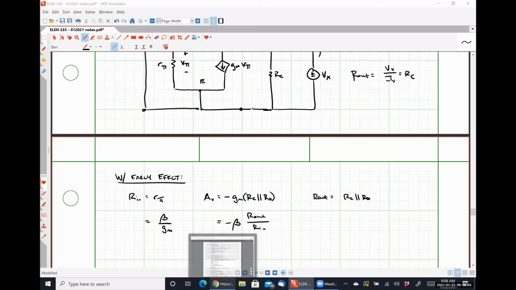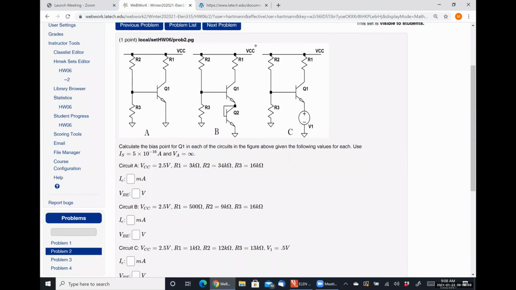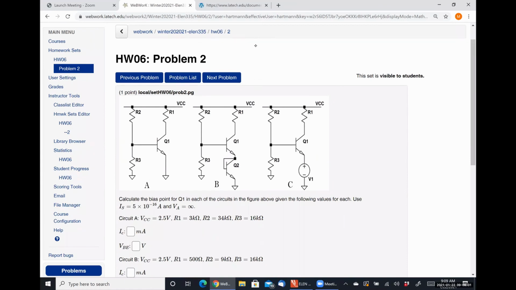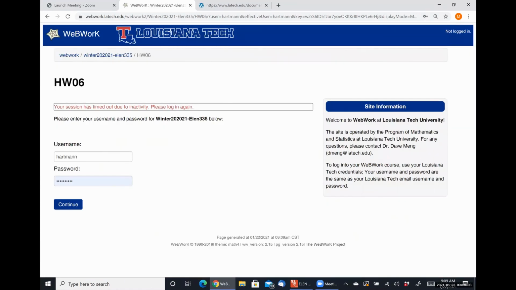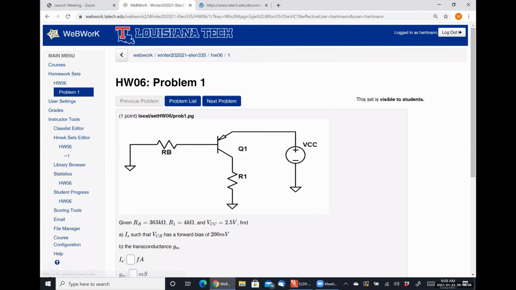All right, I have the web work pulled up, so I just want to look at that real quick to make sure everything's looking groovy. Let's go to the problem list. Problem number 1. This is an NPN transistor, pretty straightforward.